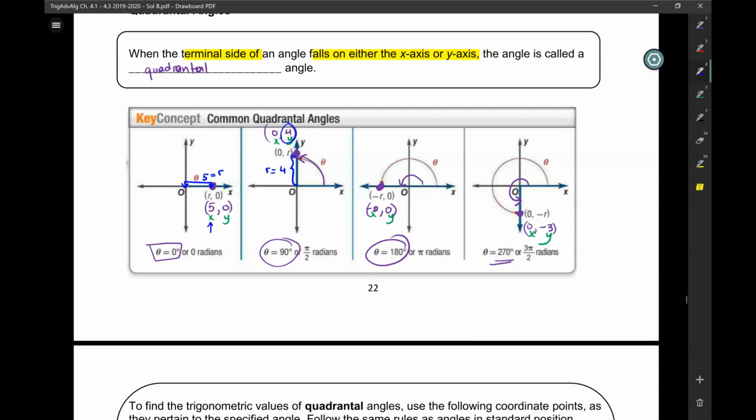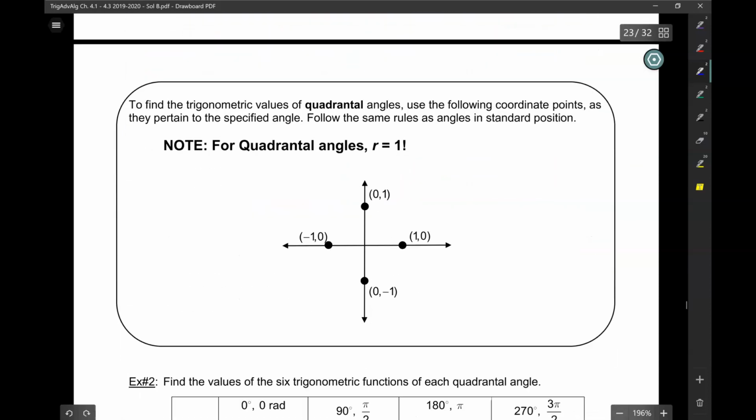Basically, when a point lands on one of the axes, we have to determine a coordinate point for it, and then the r value is always whatever these numbers are, okay? All right, I've made things very, very simple for us here.